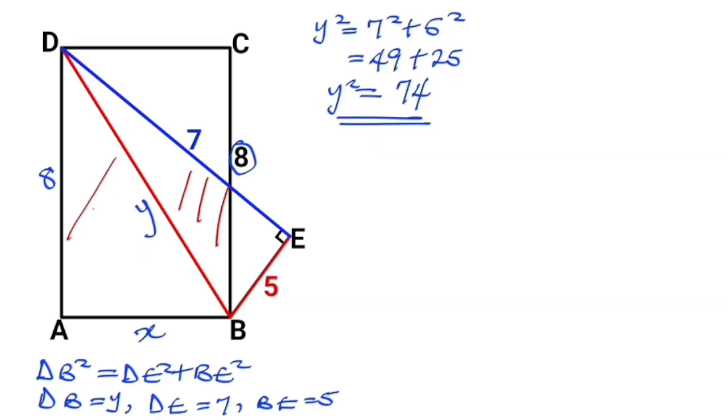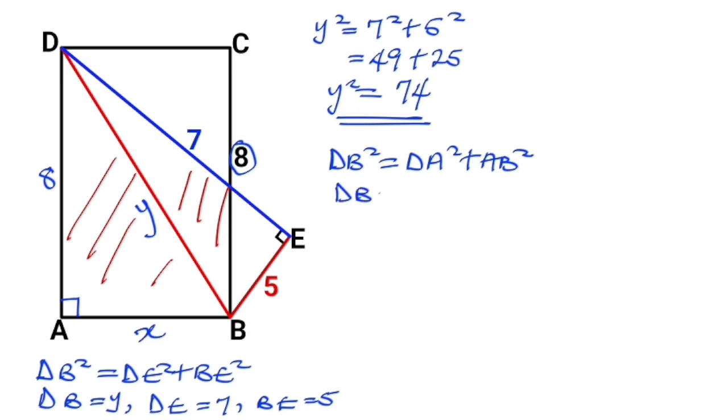Now, let's turn our attention to triangle DAB. Since each interior angle of a rectangle is a right angle, it follows that triangle DAB is also a right triangle. Again, using the Pythagorean theorem, we have DB squared is equal to DA squared plus AB squared.